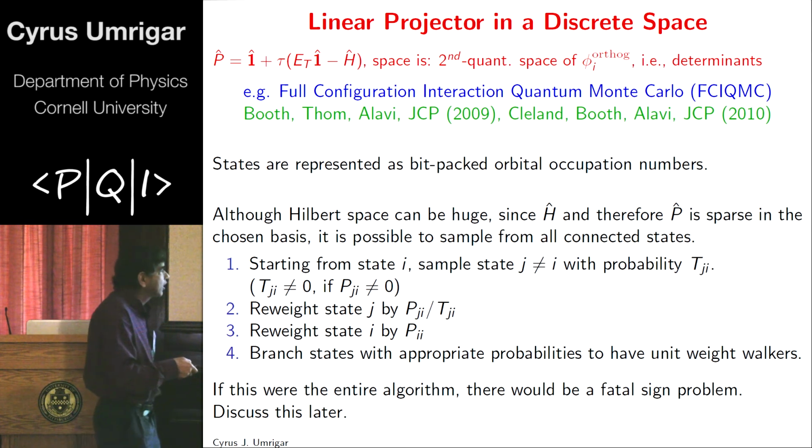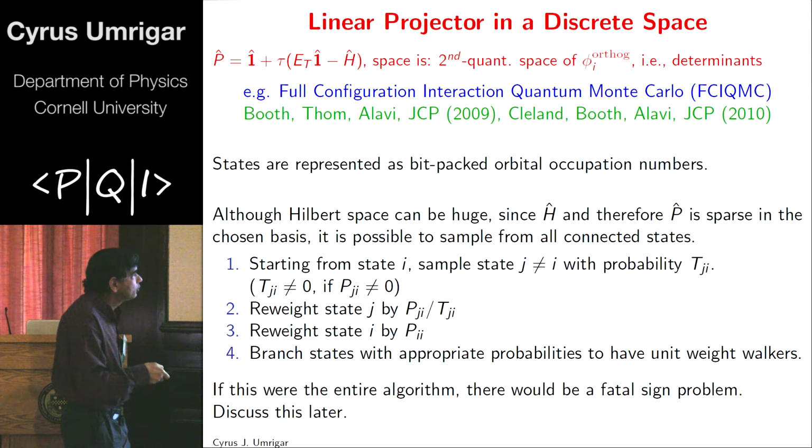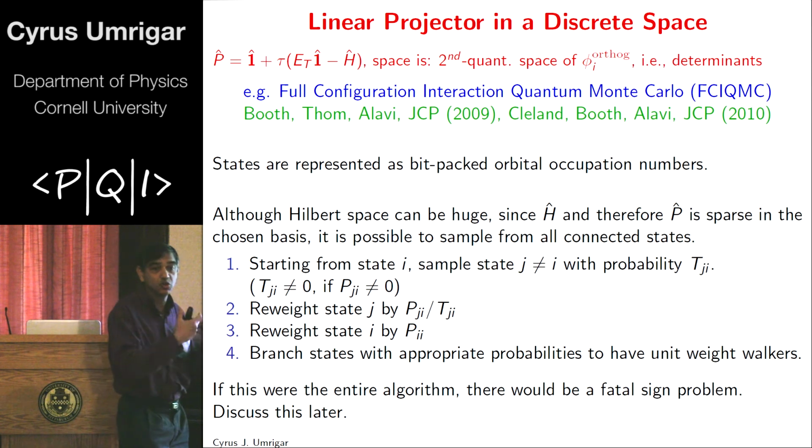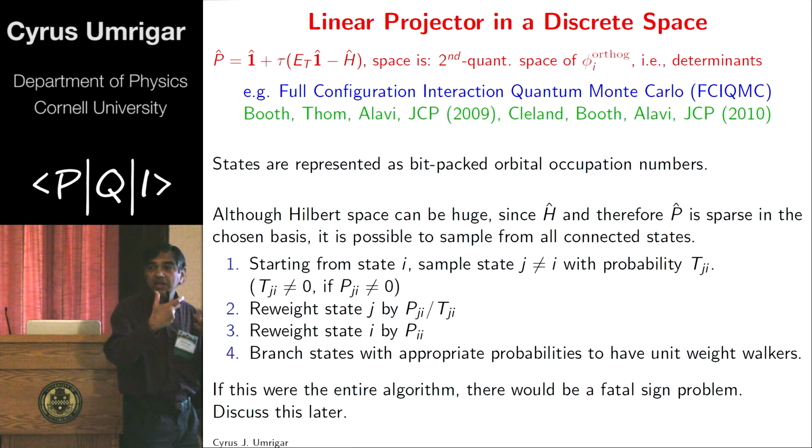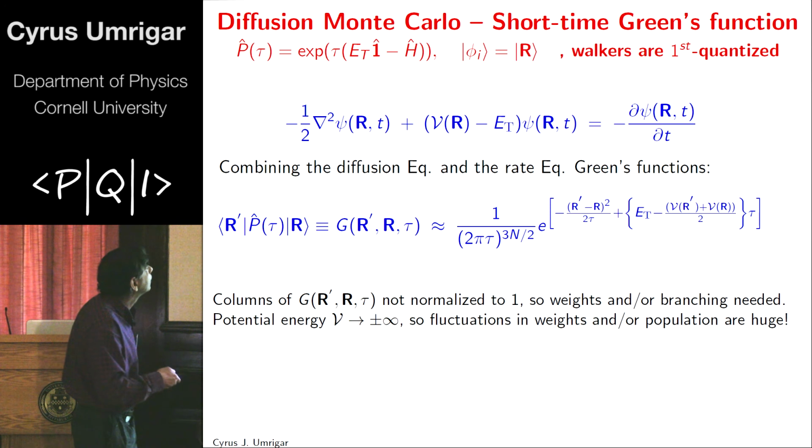Now, because you're doing this reweighting, you have weights of walkers, so you no longer have a single walk. You have to have walkers that branch. If you don't do that, the weight of a walker will get either extremely large or extremely small, and that causes inefficiencies.